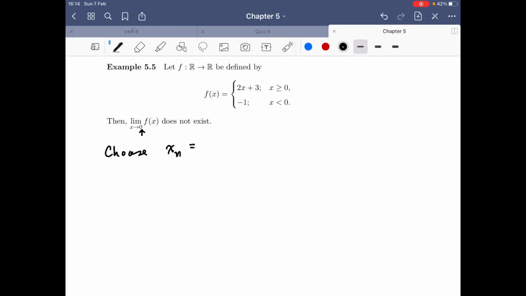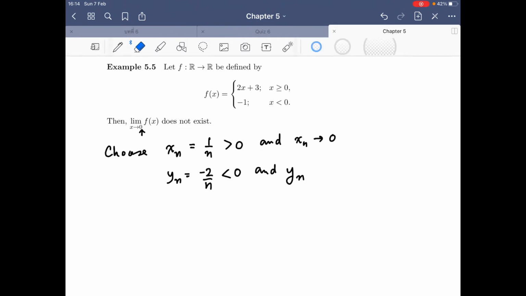For example, you can choose xn to be 1 over n. Of course, it is positive, and xn goes to 0 as n goes to infinity. And yn can be -1 over n, which is negative. Again, yn goes to 0 as well.